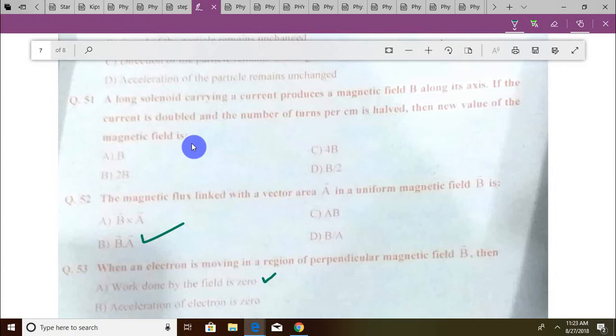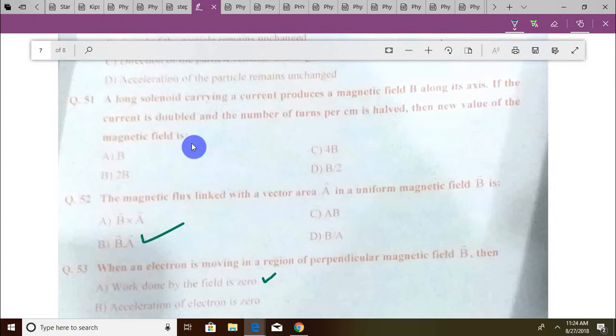It's B is equal to n into mu naught into I. Mu naught is the permeability of free space. And we have n and we have I, and n is the number of turns per meter because we are doing this in SI, but if the number of turns per centimeter is halved, then the same change will be incurred.